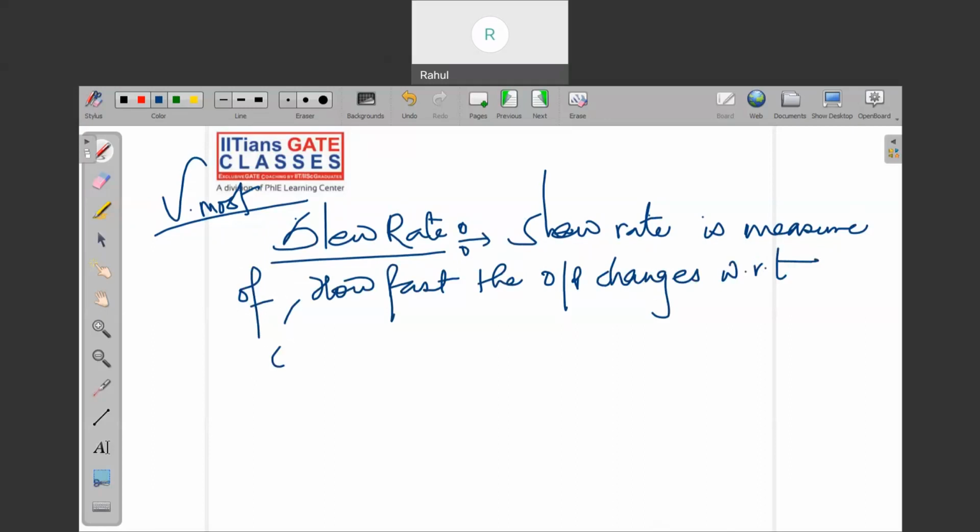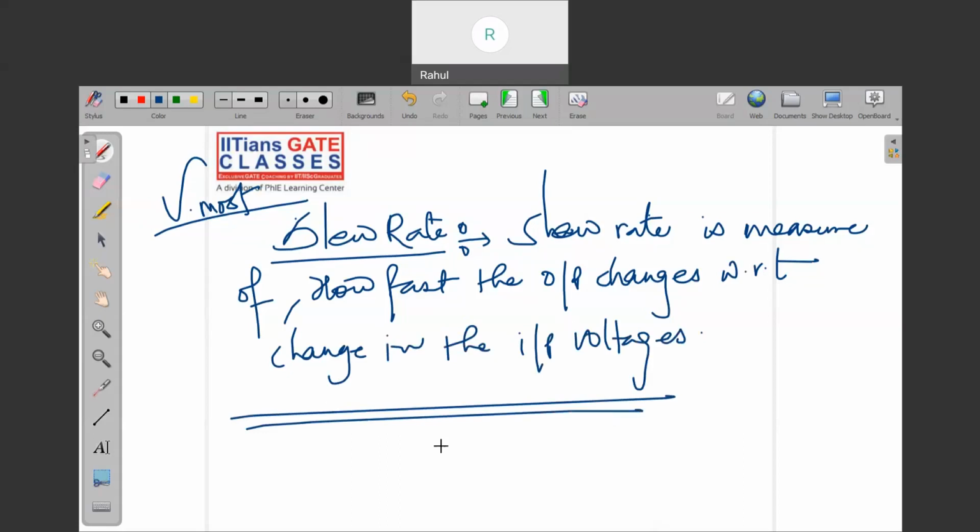Sometimes in the examination you will find the definition of slew rate in the options. Definitely from this concept you will get one question in the HL examination. Slew rate is a measure of how fast the output voltage of the op-amp changes with respect to change in the input voltage. Ideally, the value of slew rate should be infinity.